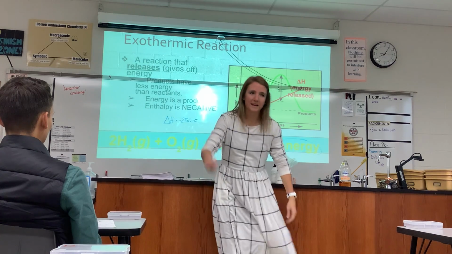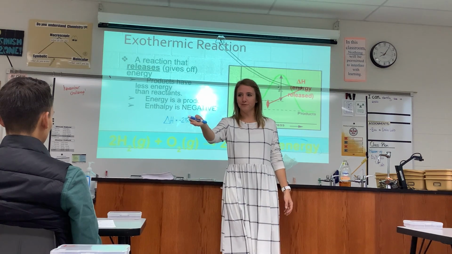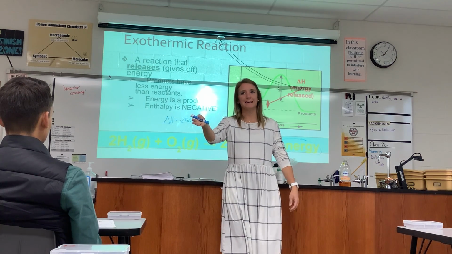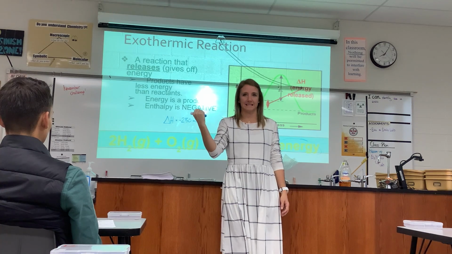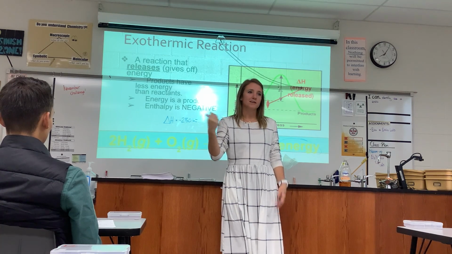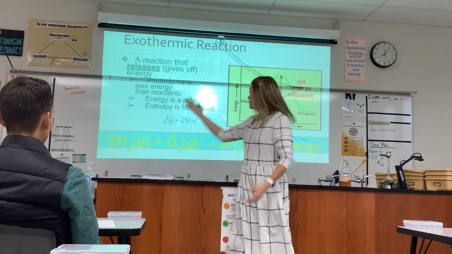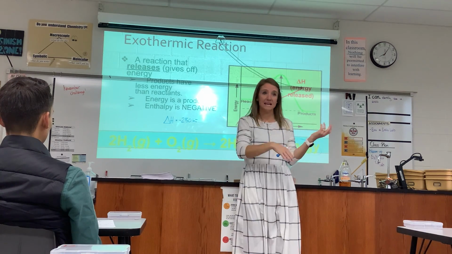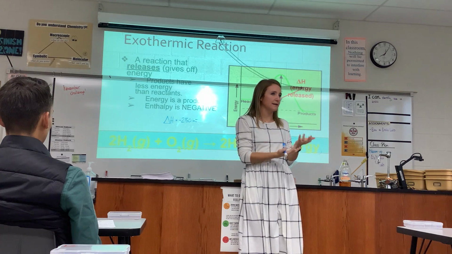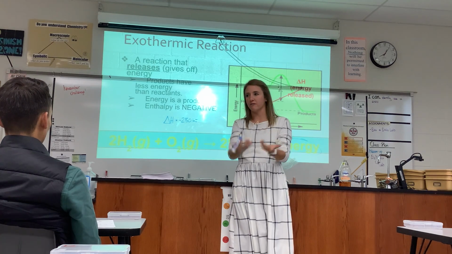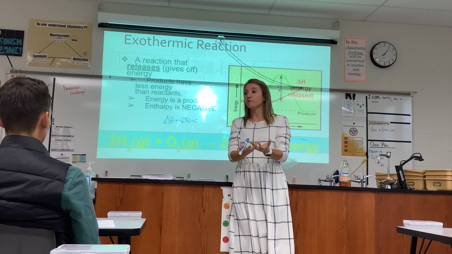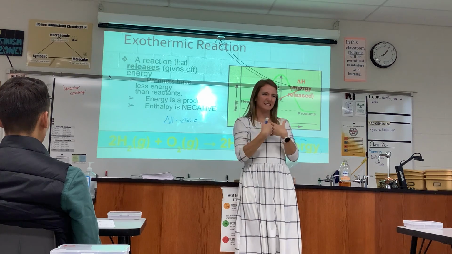If Cam's bank account is negative, which way is Cam's money going? Into his account or out of his account? Out. So negative heat means heat out. So if they give you, oh, the delta H is negative, that tells you it must be exothermic because that heat is coming out of the system. Versus a positive value would mean it's going into the system.